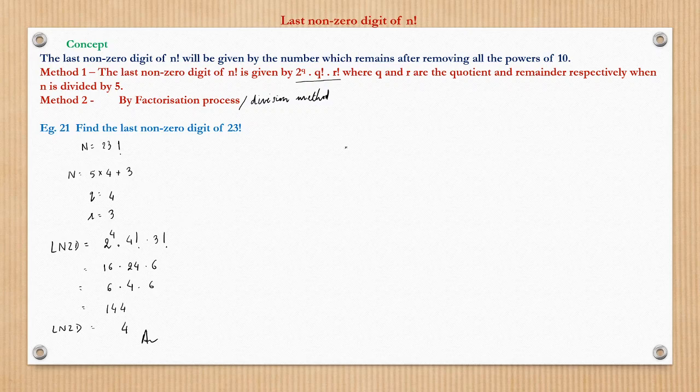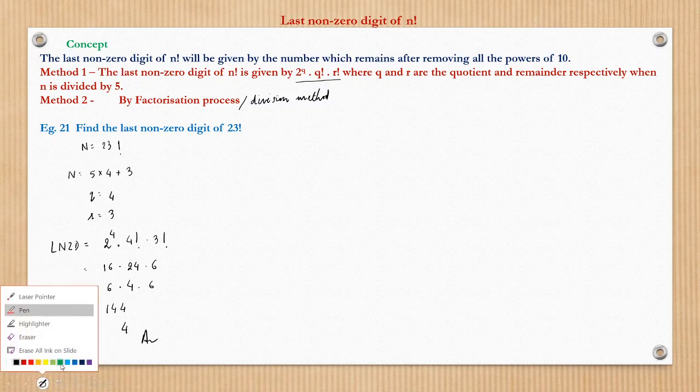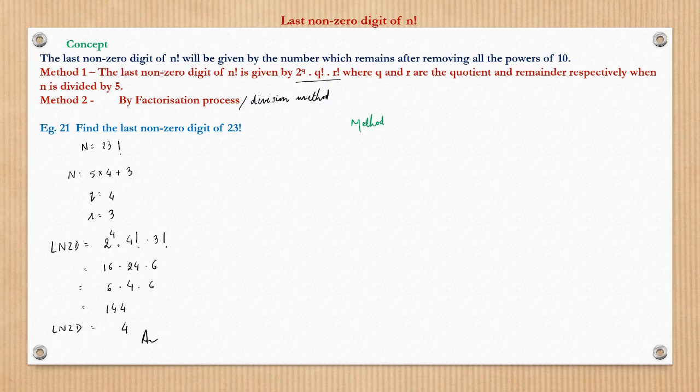So now we will see method 2, which is actually a universal method and can be used anywhere. That is the division method. I will list out the process.